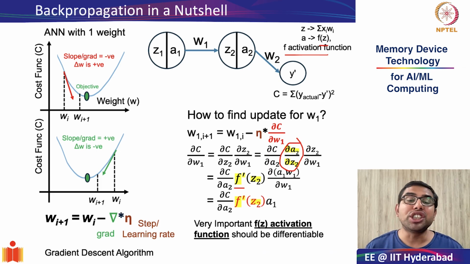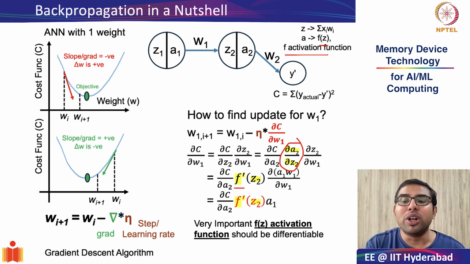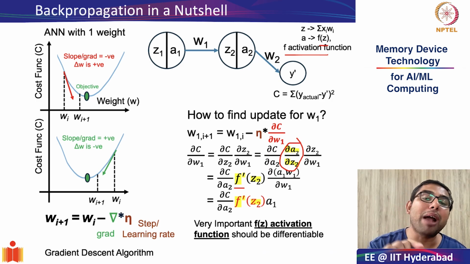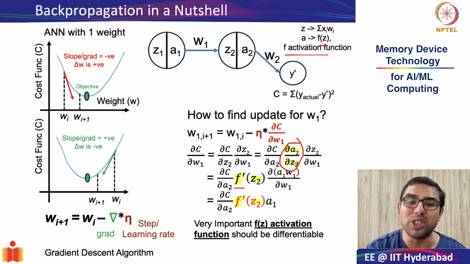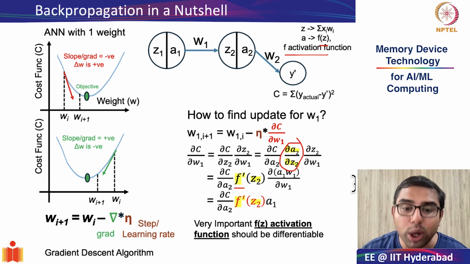That's why functions like ReLU have become so popular, because their derivatives are simple and they avoid vanishing. So in this middle term, the derivative of the activation function is the key to make backpropagation work in principle. So we have to select this activation function very, very carefully.